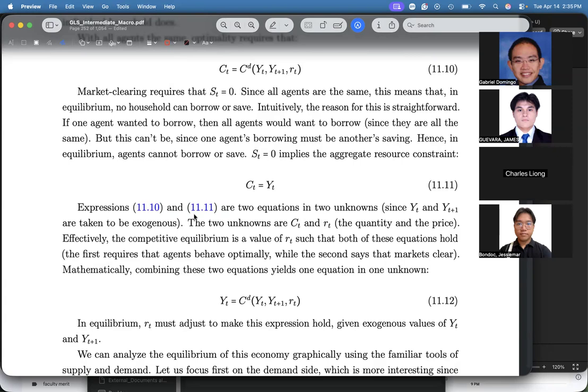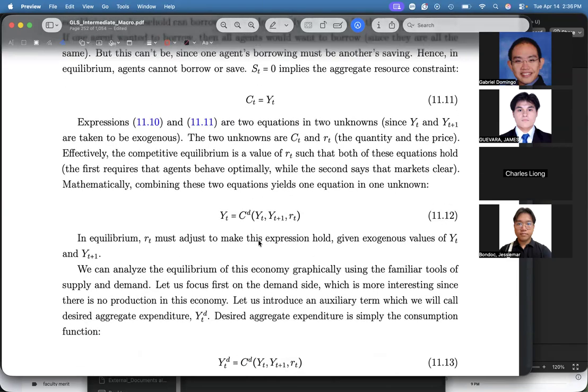Of course, here there's a rather boring IS curve because S is 0 and therefore I is 0. So I equals S equals 0. It's still true that it's an IS curve. This is the easiest case for the IS curve, which is just literally Y equals consumption.